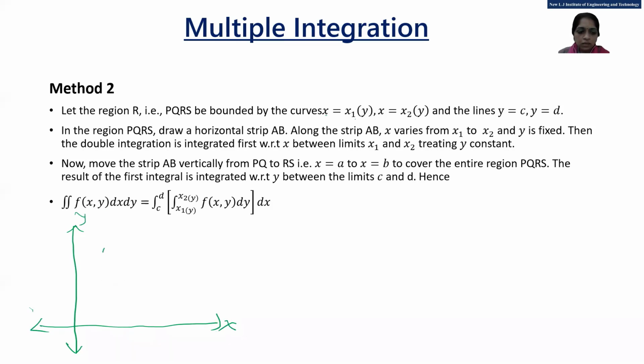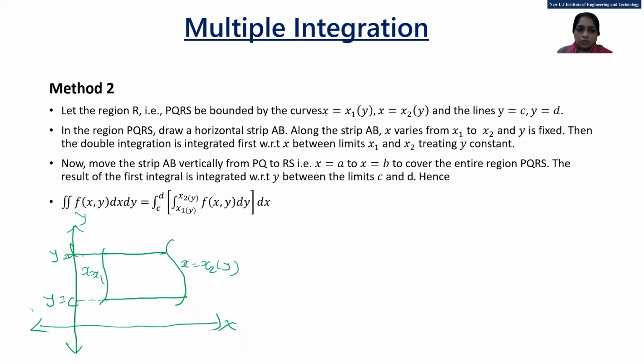Suppose one is x equal to x1(y) and the other is x equal to x2(y). At that time, the values of y are fixed, that is c and d. Suppose this is y equal to c and this is y equal to d, right?